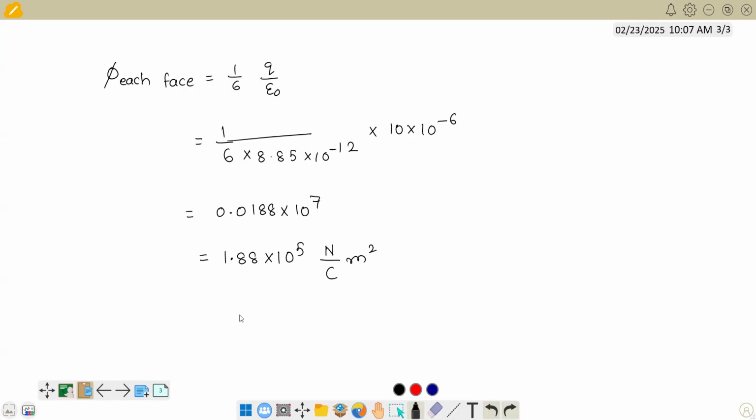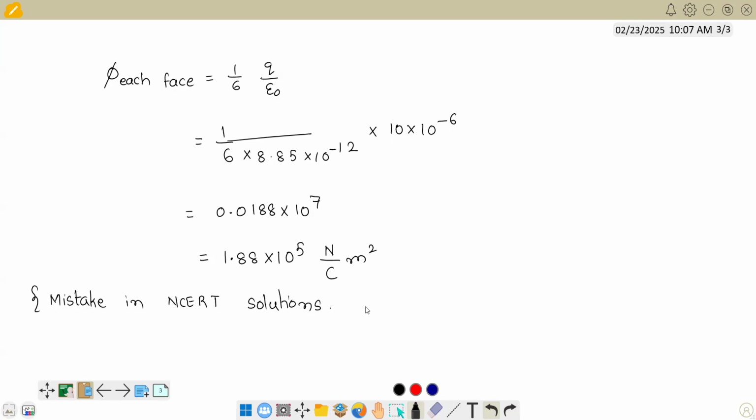Now, if you look behind in NCERT, you will notice that this value is not given. Why? Because there is a mistake in NCERT. In the NCERT solutions, you won't find this value.